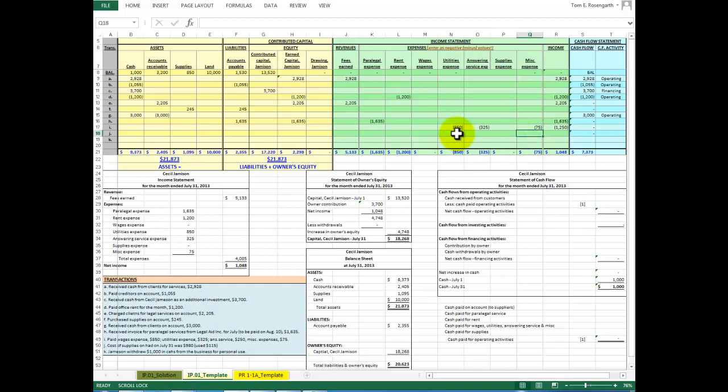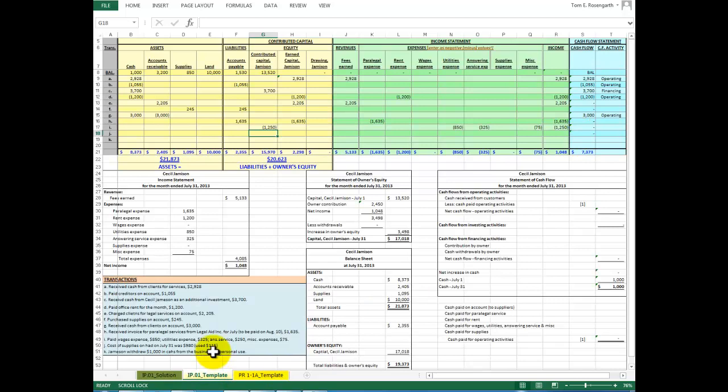We will enter negative amounts for each of these expenses because expenses reduce income, and income in turn will reduce owner's capital. In this case, the sum of the three expenses equal $1,250, and that's the total that we will bring as a reduction to contributed capital for Cecil Jameson. No cash was received or paid, so no effect on the cash flow statement.